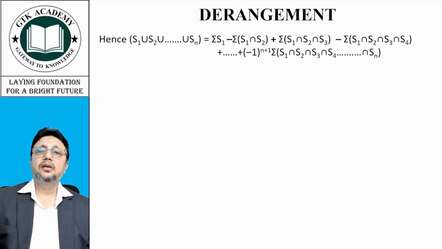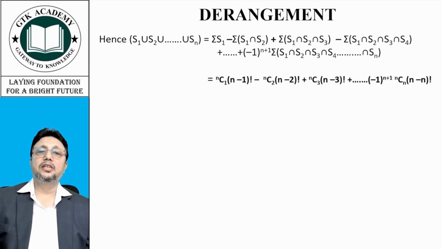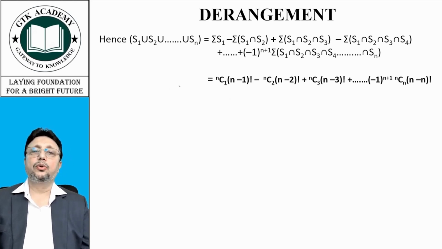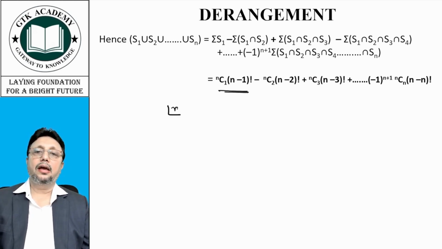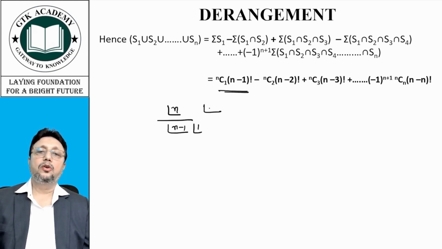That means this is equal to nC1 factorial n minus 1 minus nC2 factorial n minus 2, and so on like this. Now we have to subtract this from factorial n. How much is this? Just see. Factorial n upon factorial n minus 1 factorial 1 into factorial n minus 1. This gets cancelled.